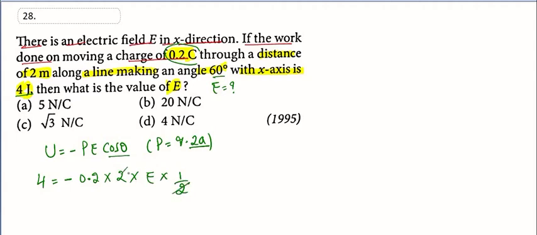Cos 60 is 1 by 2. So now the 2 gets cancelled, and the electric field is equal to, the minus stays as it is, 4 divided by 0.2, minus 4, so 2 into 10 to the power of plus 1.